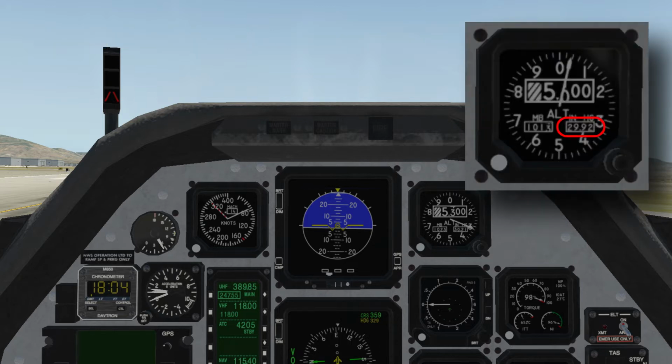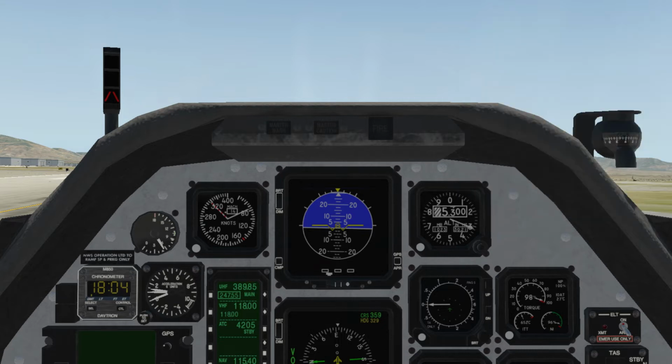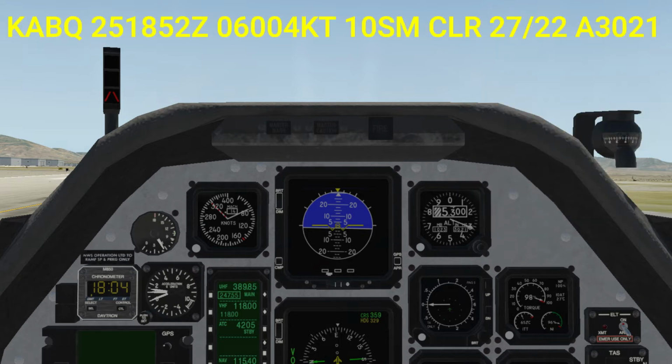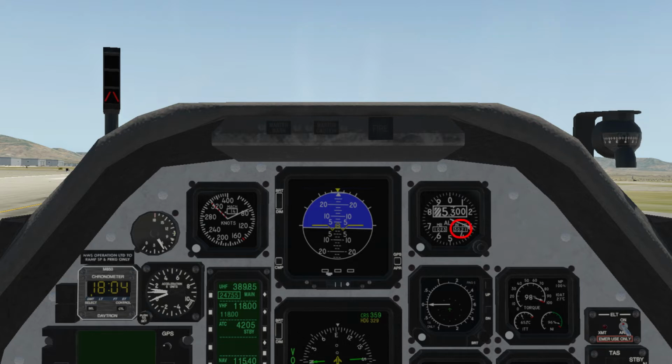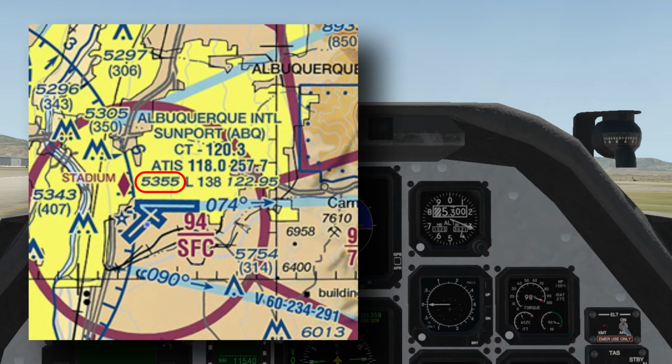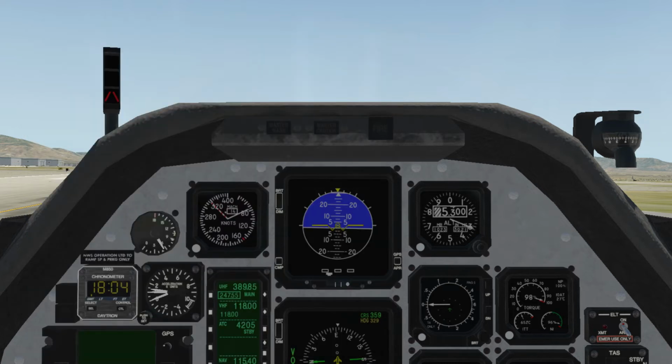Here, the altimeter reads approximately 5,040 feet pressure altitude. In the METAR, the barometric setting is 30.21. With an altimeter setting of 30.21, the altimeter reads field elevation. Pressure altitude can be calculated using the METAR altimeter setting. Every 1/100th of an inch of mercury equals 10 feet.